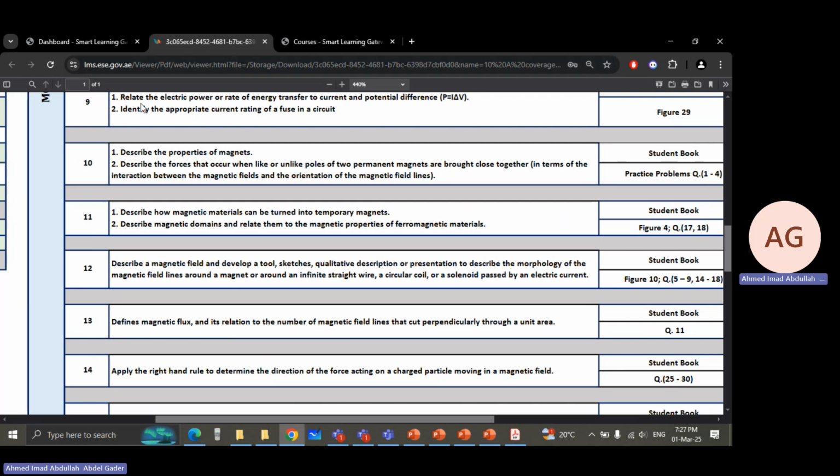So in this question, we'll apply P equals I delta V. Power is in watts, I is in amps and delta V is in volts, to identify the appropriate current rating of a fuse in a circuit.